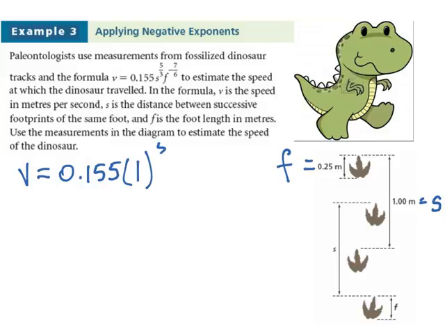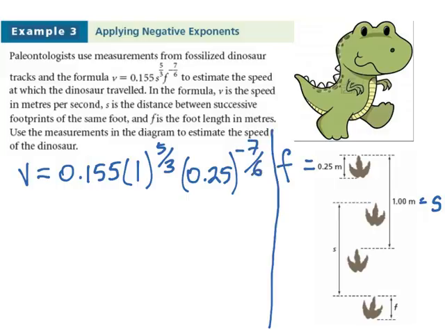I like to use brackets because they separate and tell me which operation I should do first. And f is 0.25 to the power of -7/6. In this example, it is probably best to use a calculator since we are using decimal values.